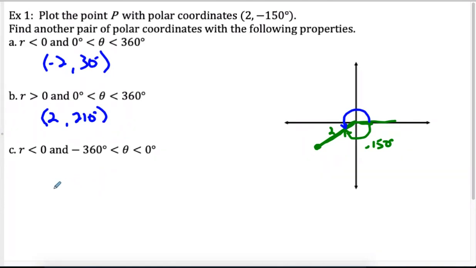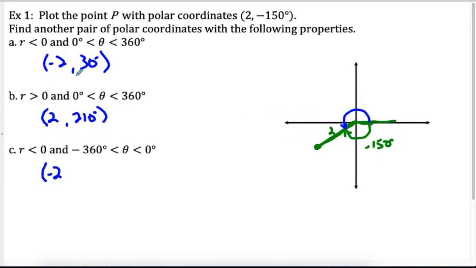And the final one says I want r to be negative, so I want -2, and I want my angle to be between -360 and 0 degrees.